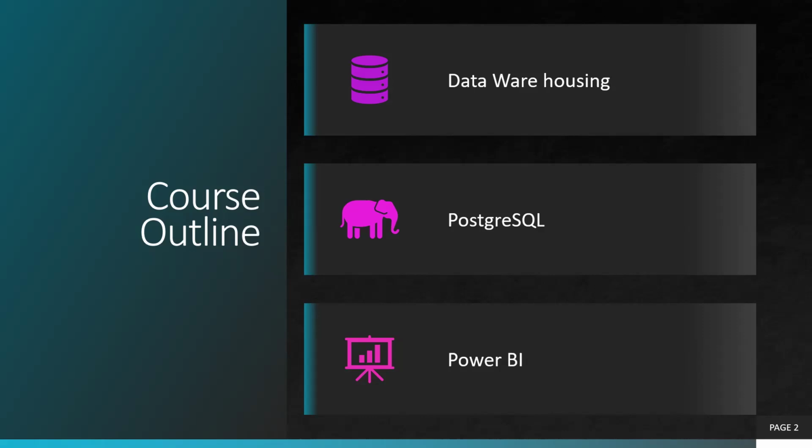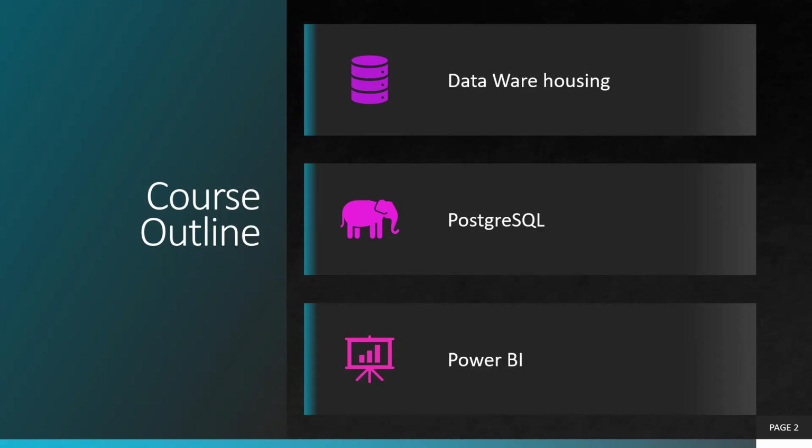So we need to make sure we start from the basics, and that all the foundational things are covered and learned to a level where they are able to apply for jobs and attend interviews. That is the reason these three topics are included. Our main objective is to crack the certification in Power BI and land a job, and to do this we are learning PostgreSQL and data warehousing.